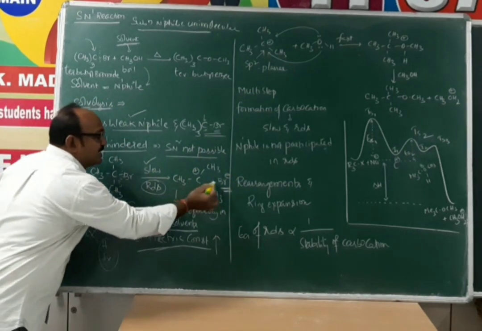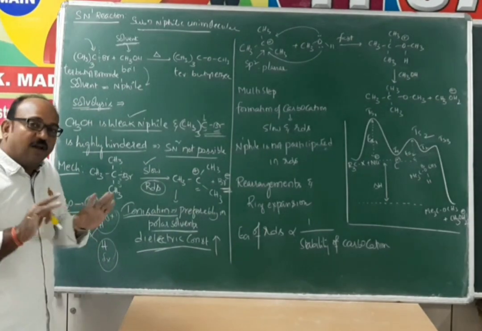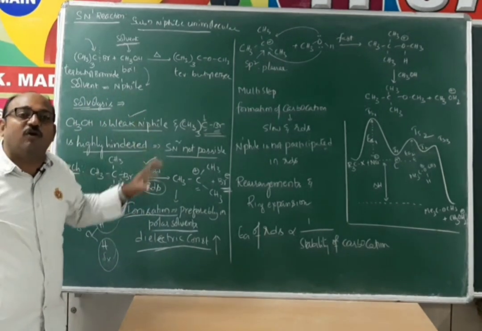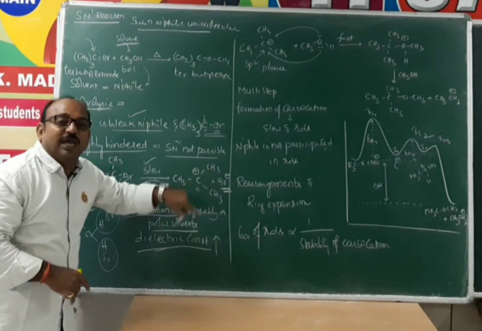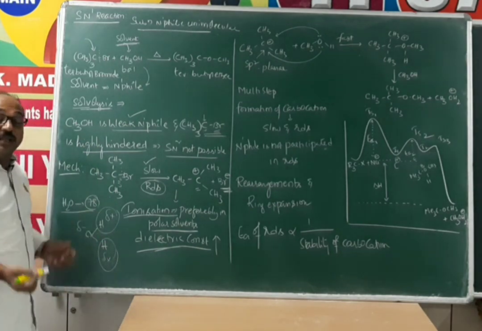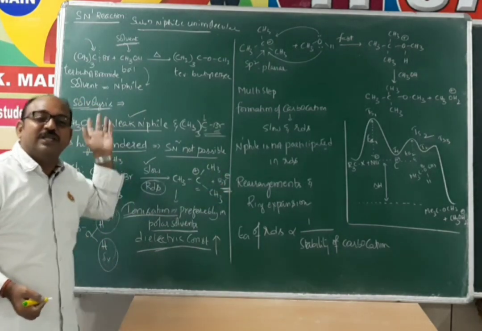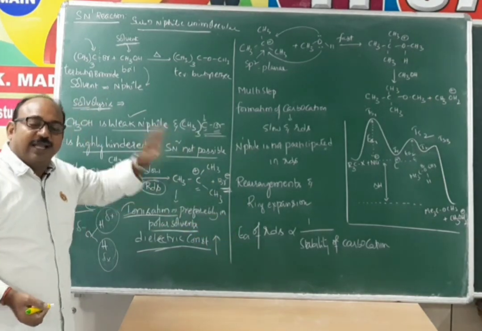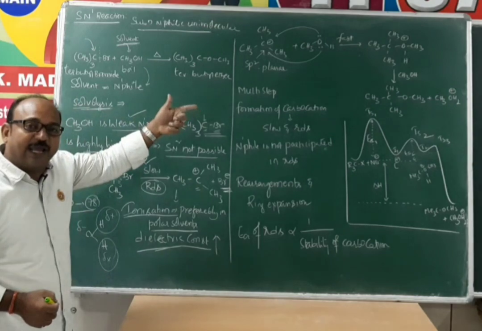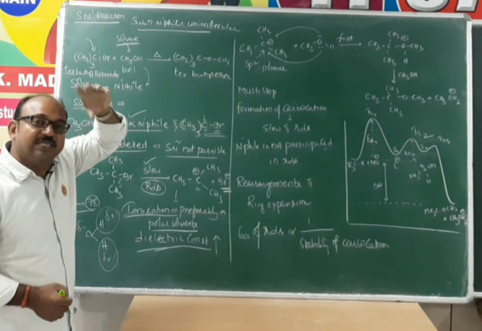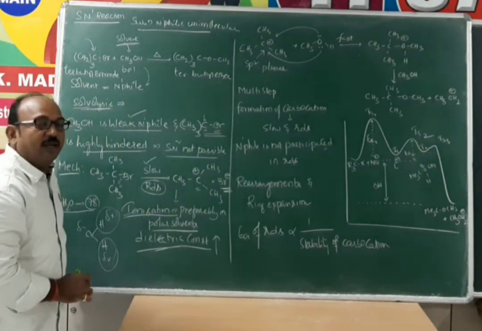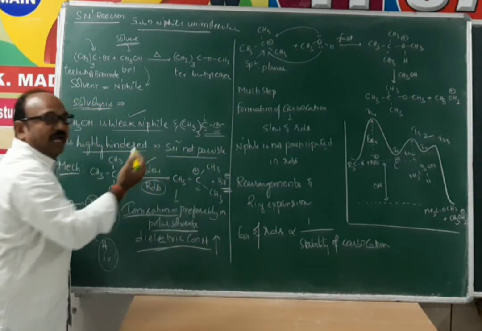So solvation takes place. Once this Br minus is completely surrounded by the partially positively charged hydrogens, its nucleophilicity decreases. It has a basic intention to attack the positive charge, but that desire is reduced. So Br minus can be stabilized, and this carbocation is also stabilized.